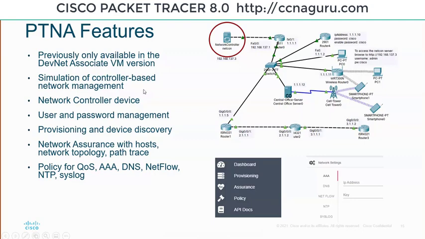And in order to enable that, we have implemented the network controller device in Packet Tracer. This server or service or appliance represents a network controller, which works in a way that it centralizes the control over the network, and it makes devices on the network communicate with it.